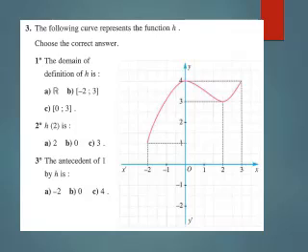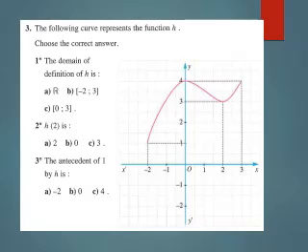And now if we have a curve and we need to calculate from the curve everything that we need. First of all, we need the domain of definition of h. You know what's the meaning of domain of definition? It is where the function starts and where it ends. As you can see here, if you follow the pink curve, it starts from minus 2, it passes, then it stops at 3.